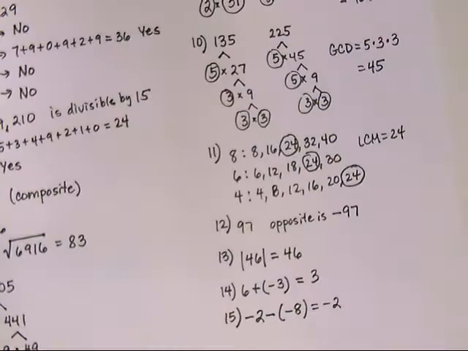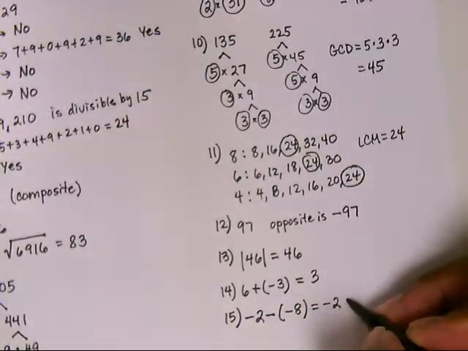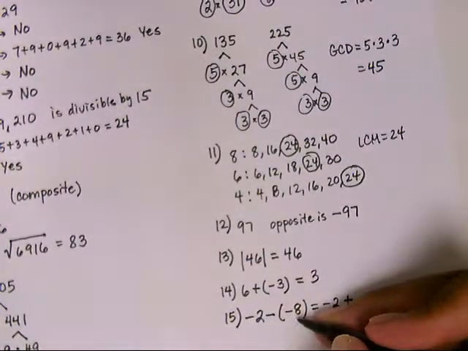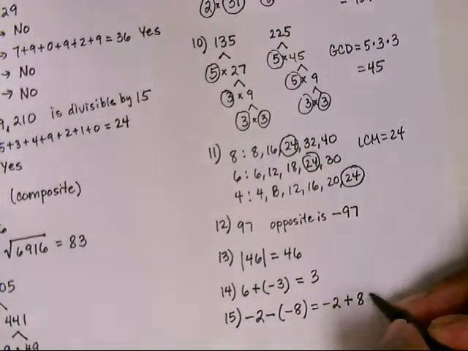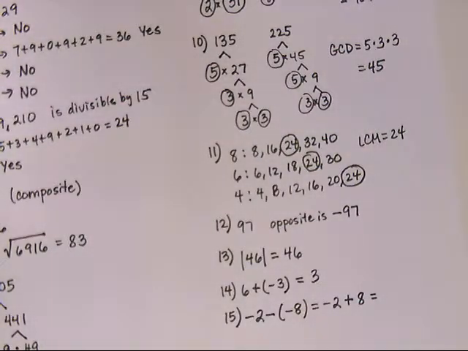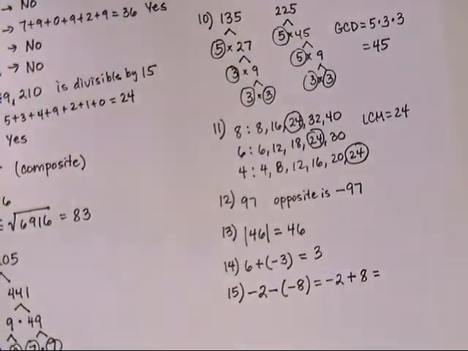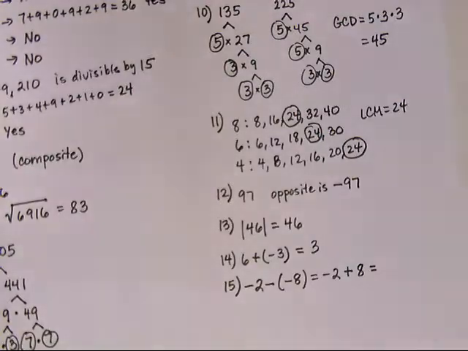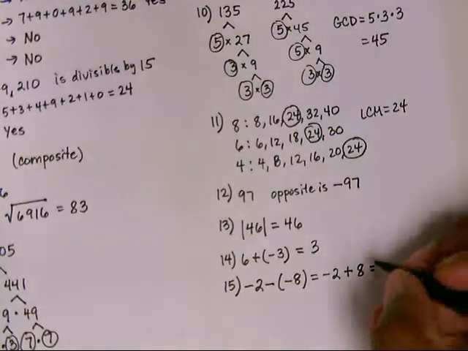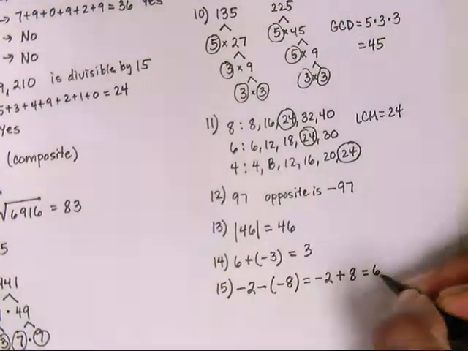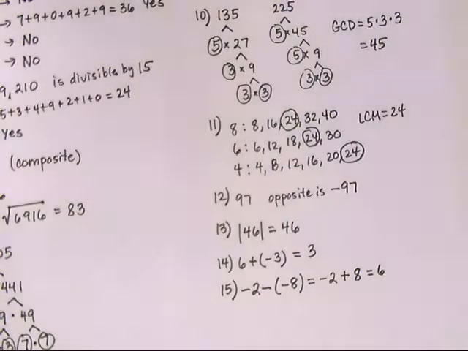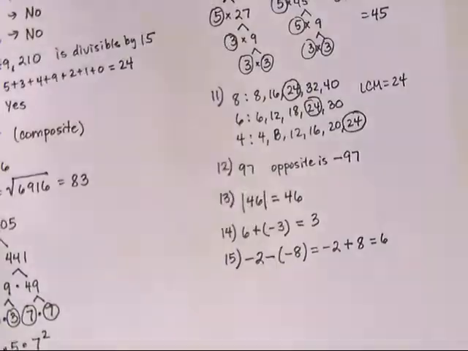When we subtract the negative 8, we change subtraction to addition and change negative 8 to the opposite, which is positive 8. When you subtract integers, you're always adding the opposite. So you have negative 2 plus 8, which will end up being 6. Okay?